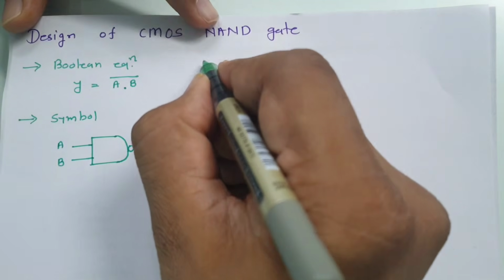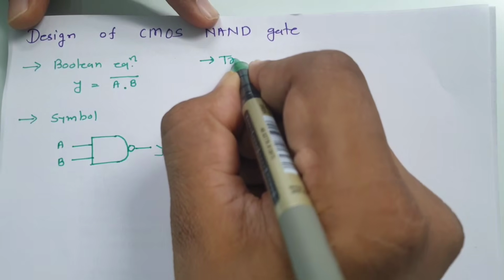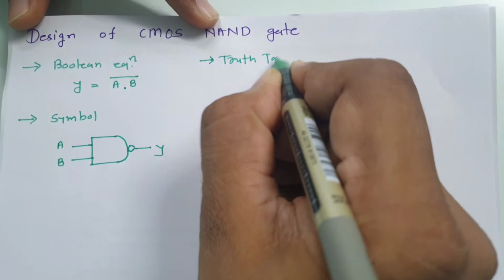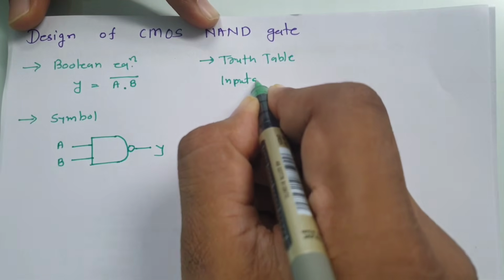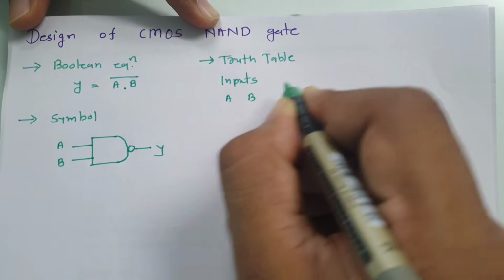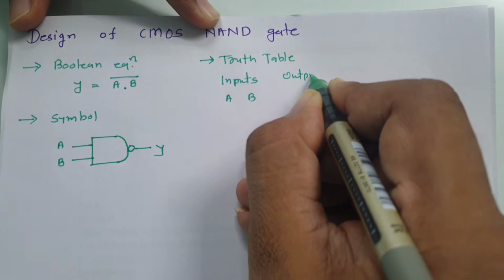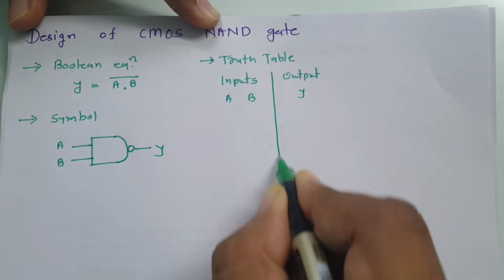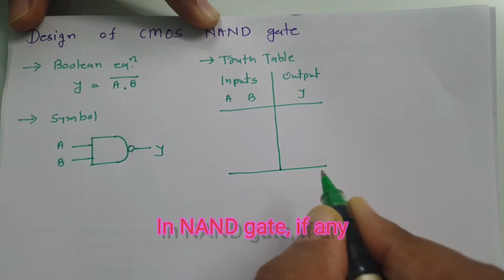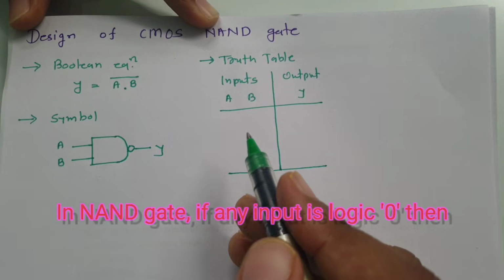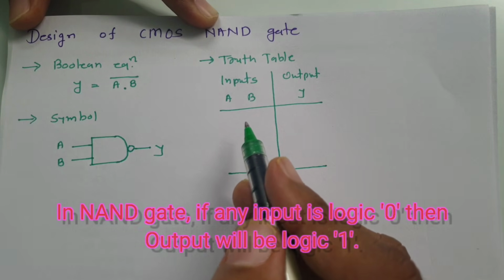Now let me explain the truth table. In its truth table we have two inputs, a and b, and my output y. The working of the NAND gate is that if any input is logic 0, the output is 1.